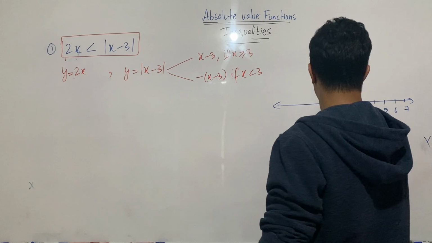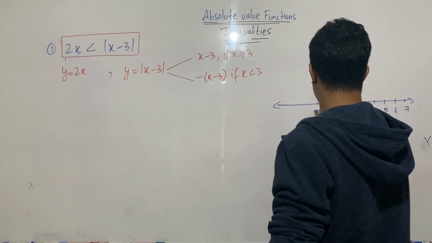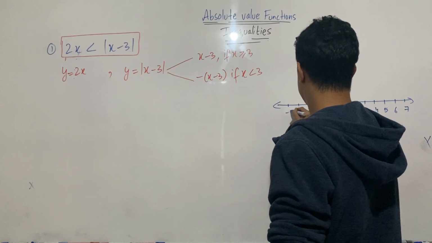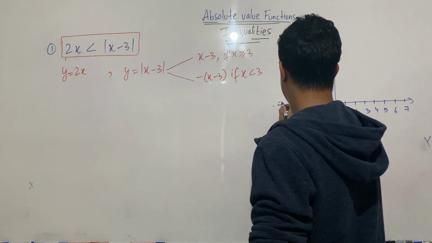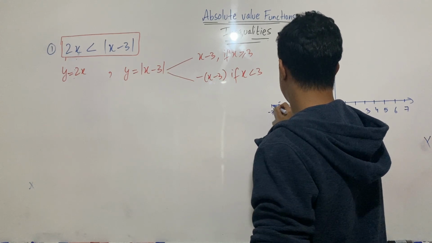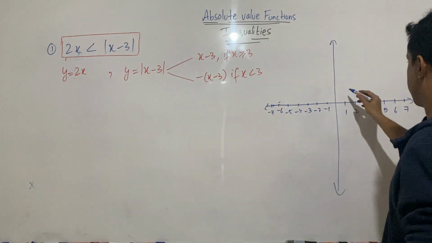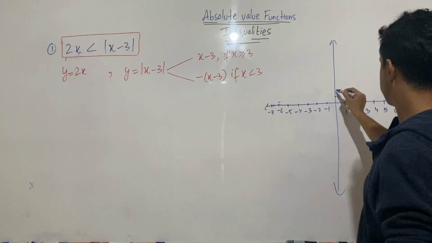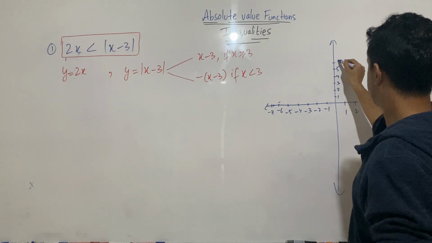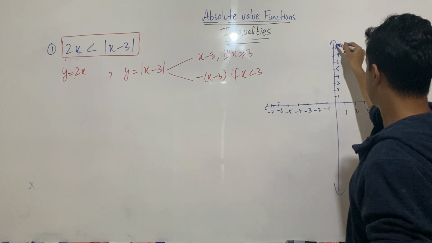This side is minus 1, minus 2, minus 3, minus 4, minus 5, minus 6, and here minus 7. And on this side we have 1, 2, 3, 4, 5, 6, 7, 8.